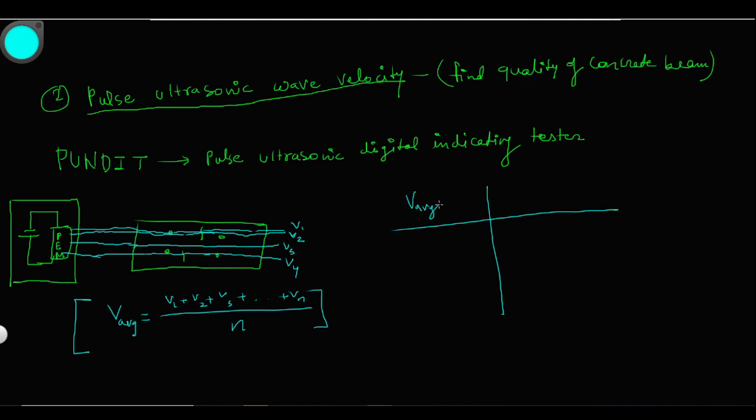This average velocity is in kilometer per second. From it we come to know about the quality of the metal or specimen.